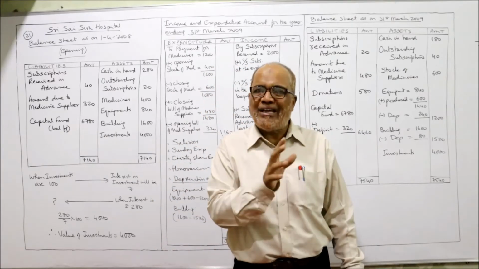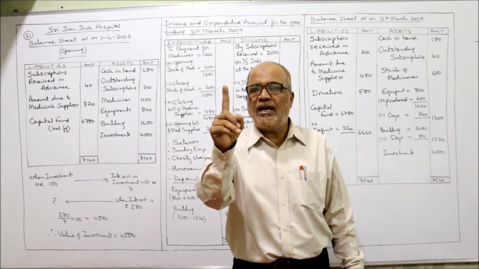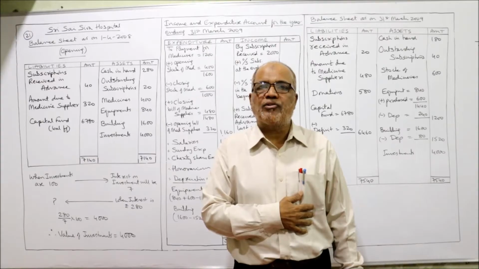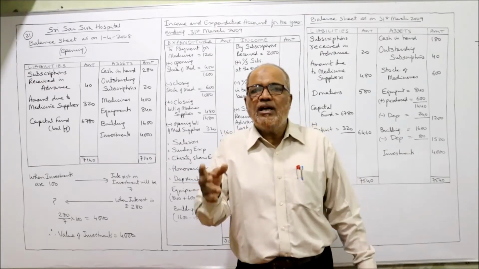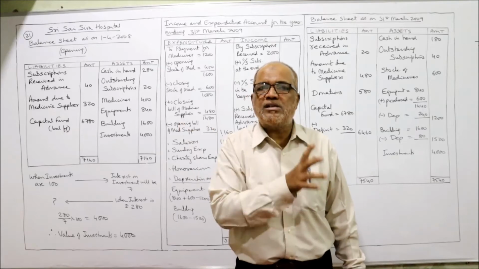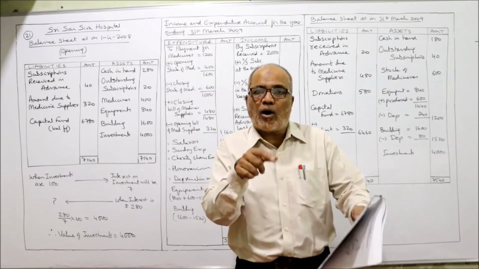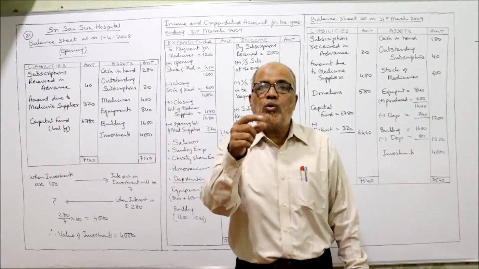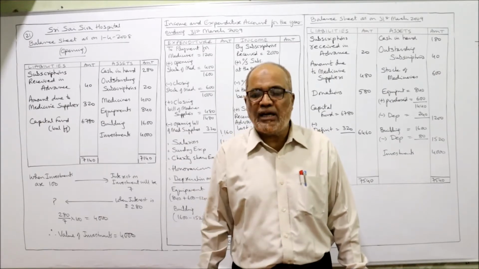7% interest means if 100 rupees is the investment, 7% of 100 is 7 rupees. So in simple words, if 100 rupees are the investments, 7 rupees are the interest. But the actual interest received is 280 rupees. For 280 rupees, how much would be the investment?